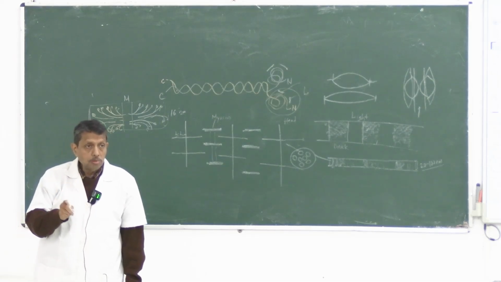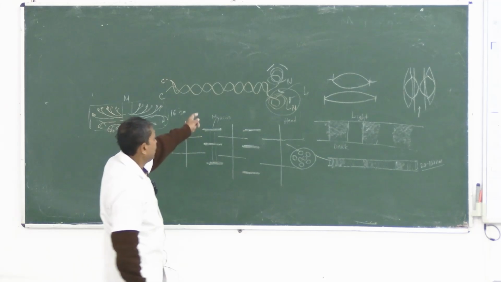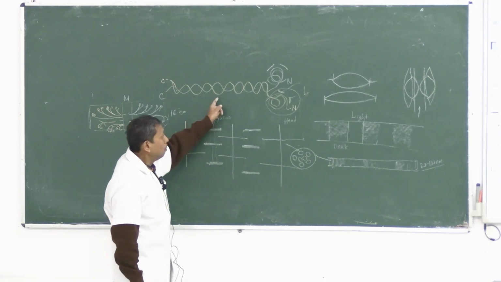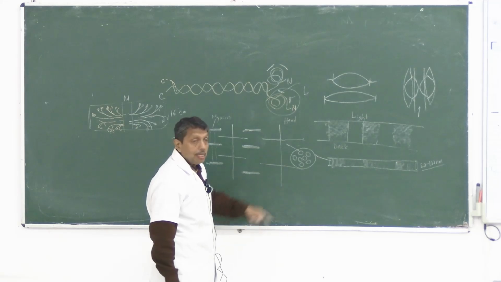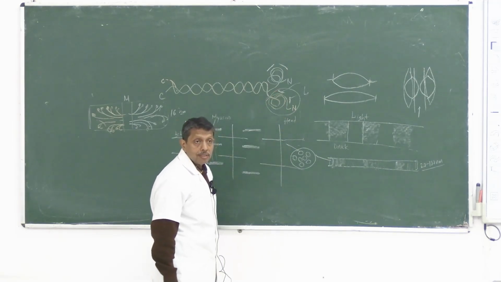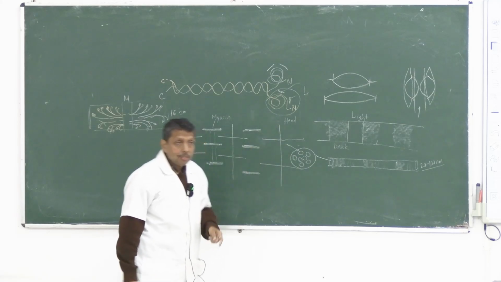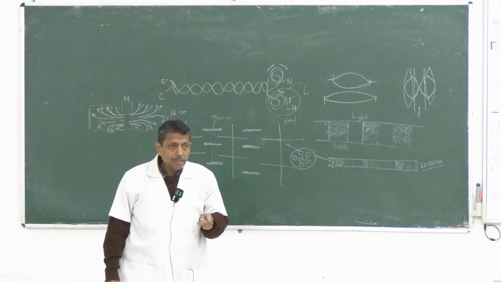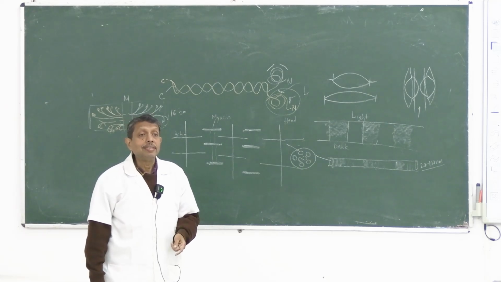So, myosin molecules, they are heterohexamers. It contains two heavy chains, and it is the tail part and it is the head part of these heavy chains, and four light chains. On either side, one is the phosphorylatable light chain, or alkali light chain, or essential light chain, and a regulatory light chain.